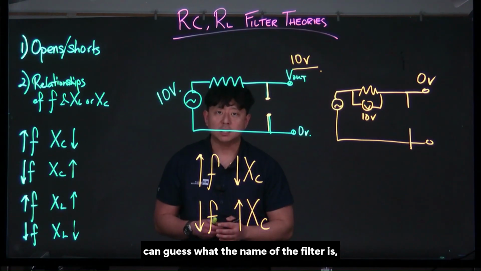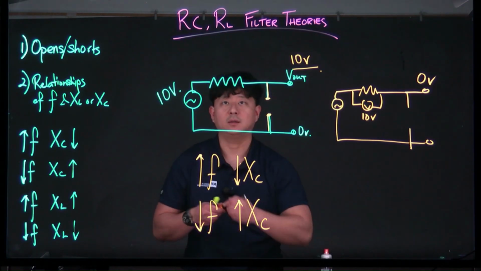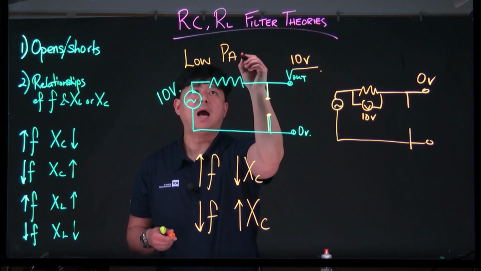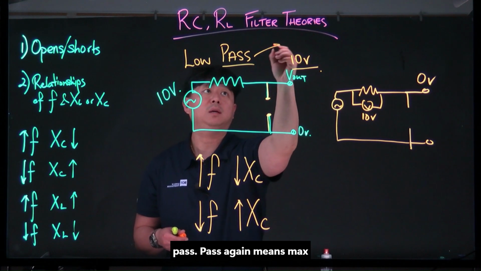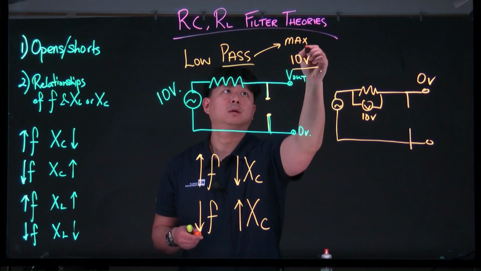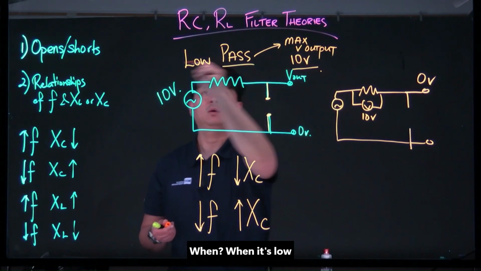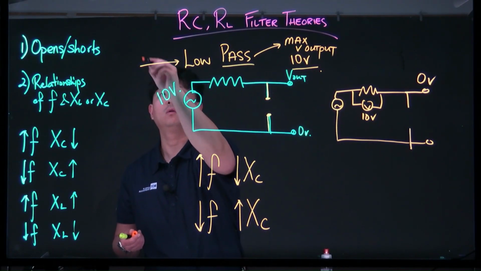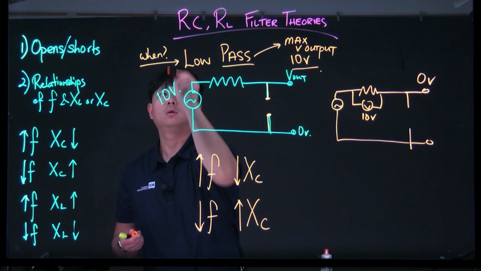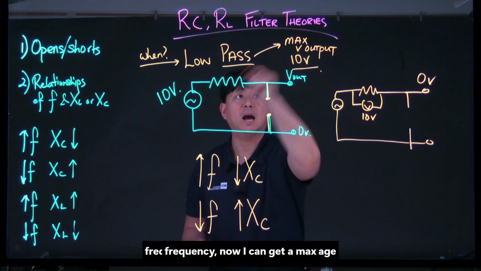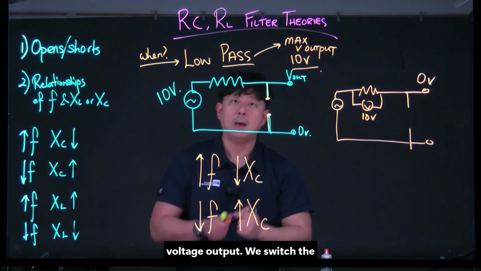So if you can guess what the name of the filter is, it's a low pass. Pass again means max voltage output when it's low frequency. When it's low frequency, now I can get a maximum voltage output.